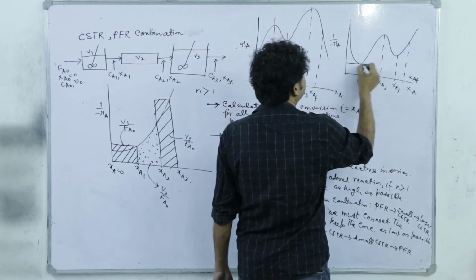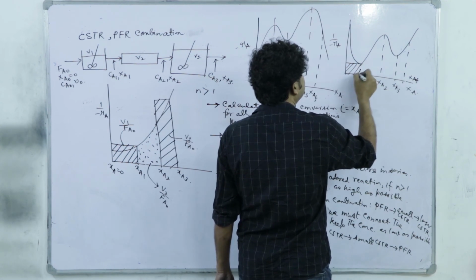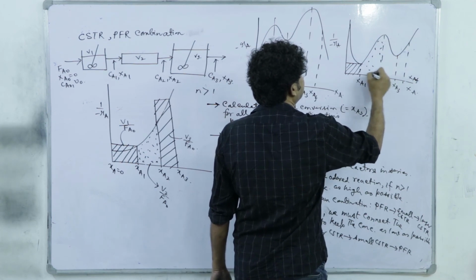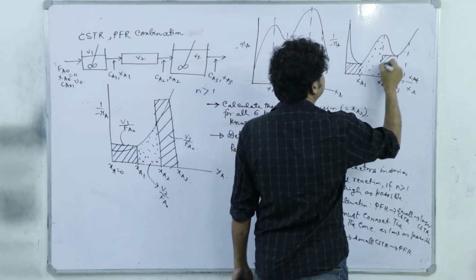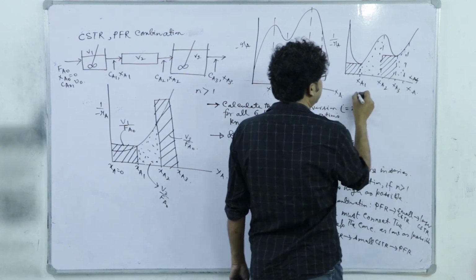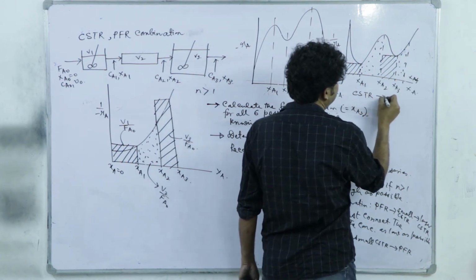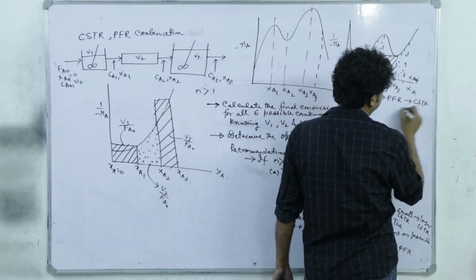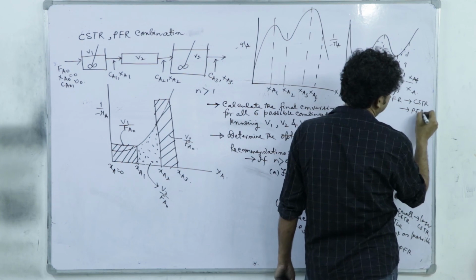So definitely for the first it will be Cstr. For the second it will be Pfr. For the third it will be again Cstr, and this will be again Pfr. So Cstr followed by Pfr followed by Cstr followed by Pfr. This is the optimal combination.